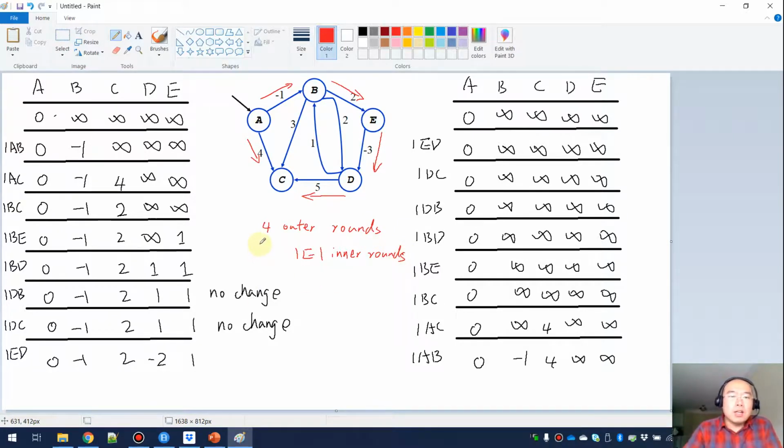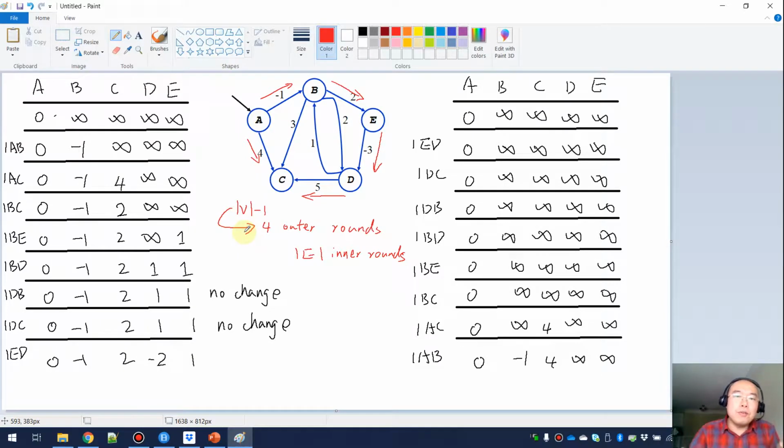Because we are going to do 4 rounds, and this 4 is exactly the V minus 1. So this 4 is the V minus 1, and this will guarantee that after we flood the information for a total of 4 rounds, and then inside each of the rounds we visit each of the edges, we are going to spread this message.